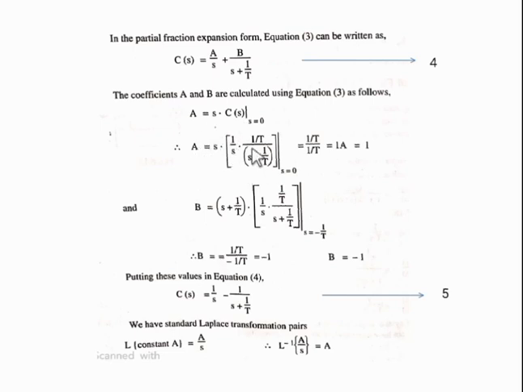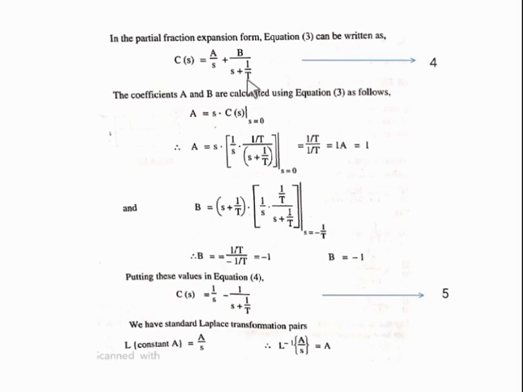To find the value of A, the denominator s becomes 0 at s equal to 0, and to find the value of B, the denominator of B becomes 0 at s equal to minus 1 over T.